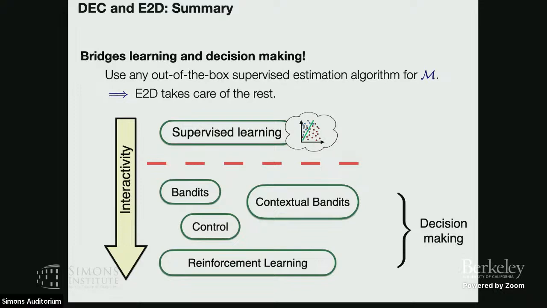We have supervised learning, which is this seemingly passive problem, and then we have decision making, which is this very sequential and active problem. But this is saying as long as you can do this estimation part well, as long as you can do learning well, you really can lift this into algorithms that solve decision making. And this gives you a tool that allows you to focus more on modeling and estimation when you're faced with new domains rather than algorithm design.